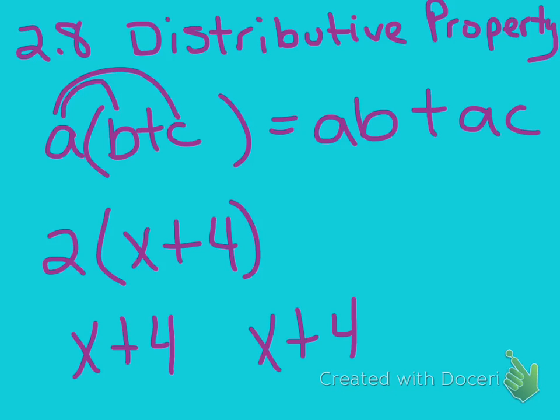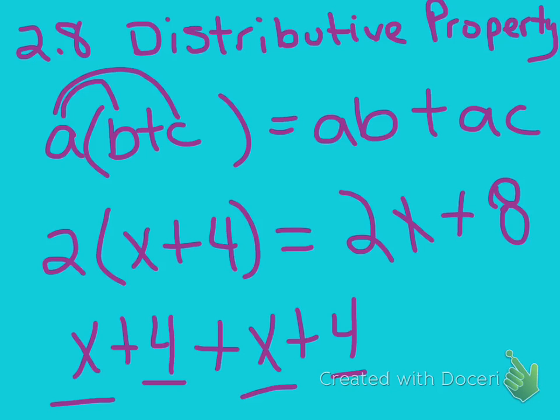So that means I have a plus. And if we do our like terms like we had before, we have an x and an x, which makes 2x, and a 4 plus a 4, which makes 8, 2 times 4, which makes 8. So it's the same as multiplying 2 times x and 2 times 4 to get that. That's why the distributive property works the way it does.